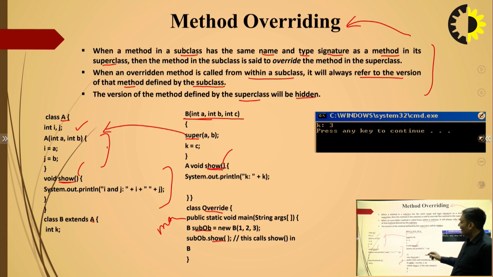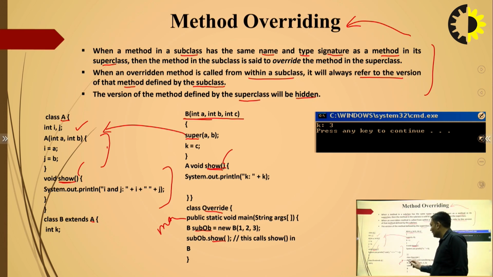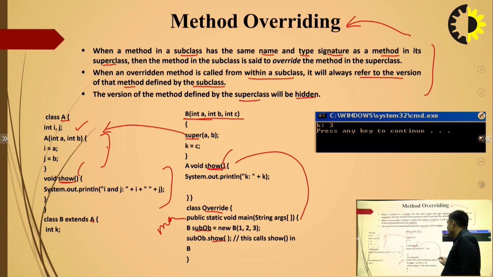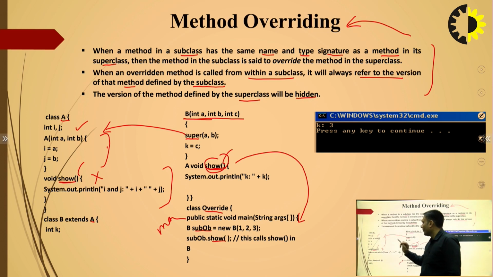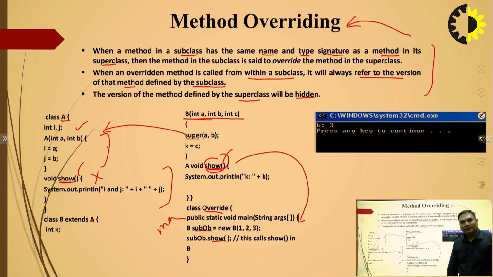But when I am creating the object of B class, I will access only this show, not this show. So this one will be overridden by the subclass, right? You can see that I'm printing the value of K in this show, so the output will be K equals 3. So this concept is known as method overriding.